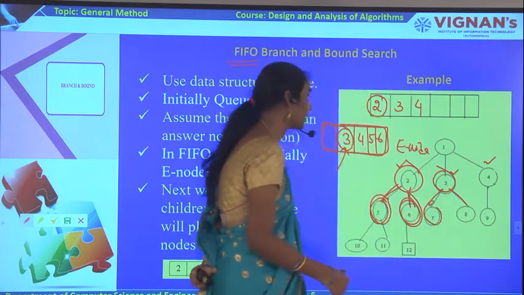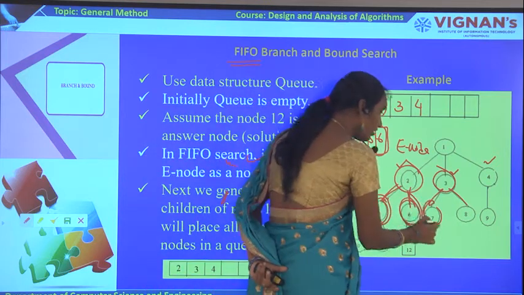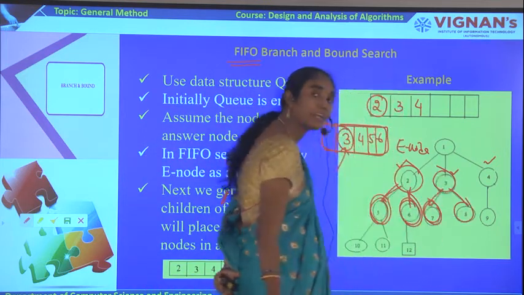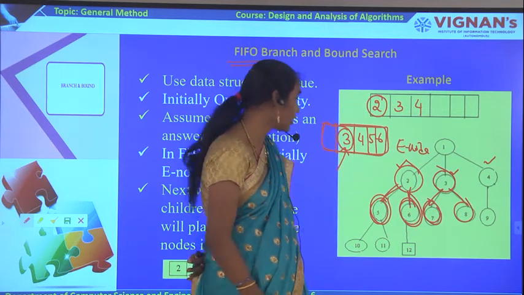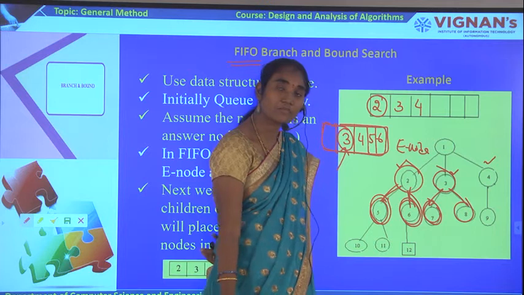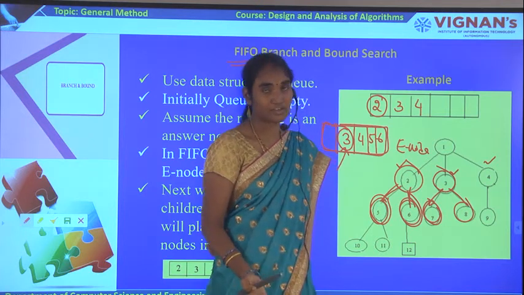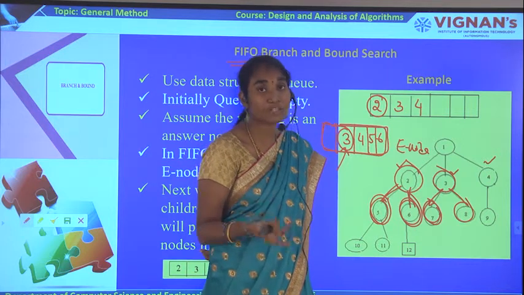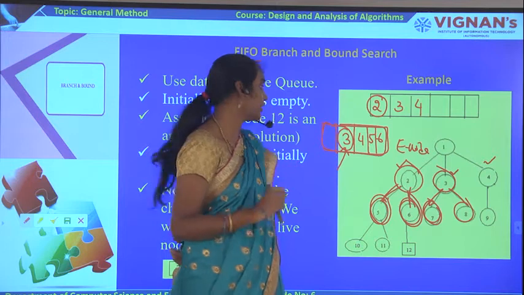These 7 and 8 will be discarded by the bounding function. Why? Because 7 and 8 are dead nodes, which means I don't have my solution node there. So simply by using the bounding function, they are removed.